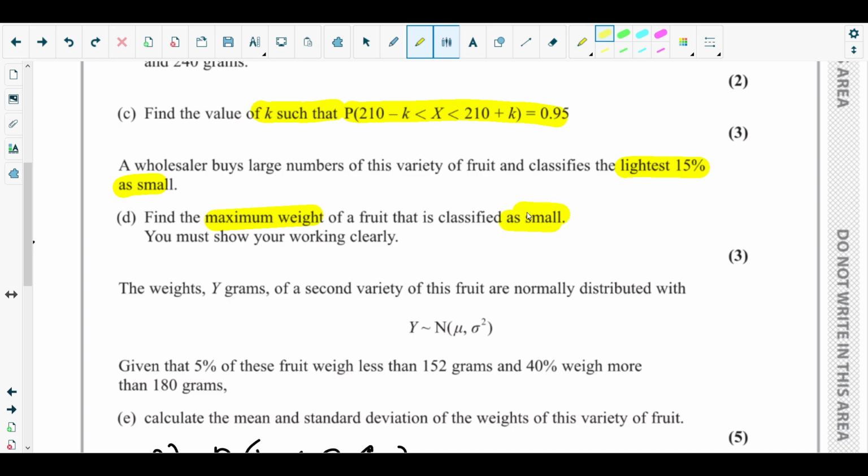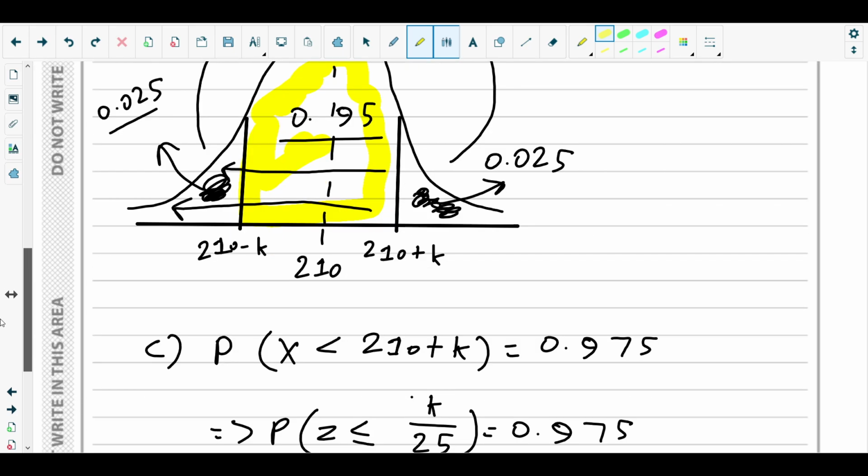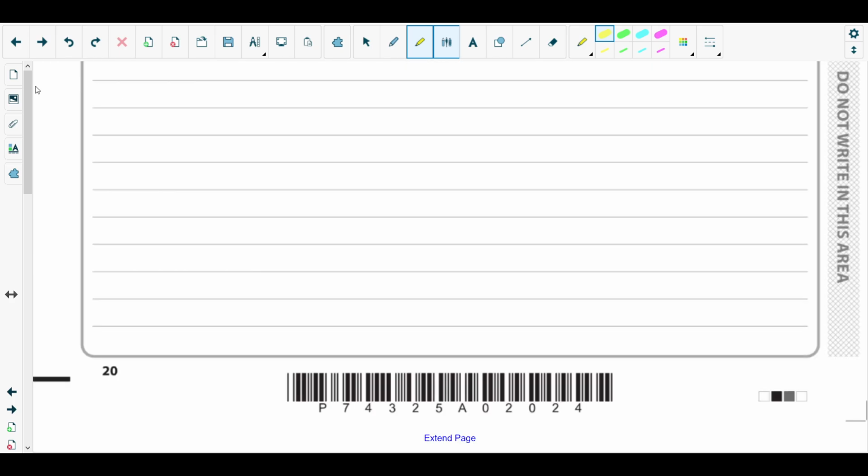Okay, so we need to find the greatest possible weight such that the selected fruit will still be considered as small. That is the threshold for the small fruit. Okay, so this is the bottom 15%, right?